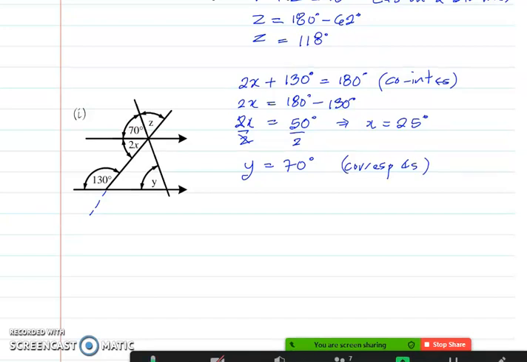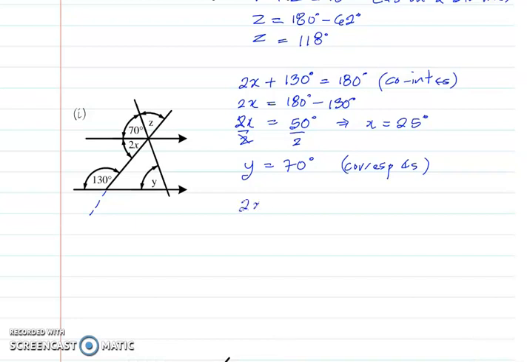I hope also that everybody can see that 2x plus 70 plus z is equal to 180 degrees. They are angles on a straight line. But 2x is 50 from here. 2x is 50.